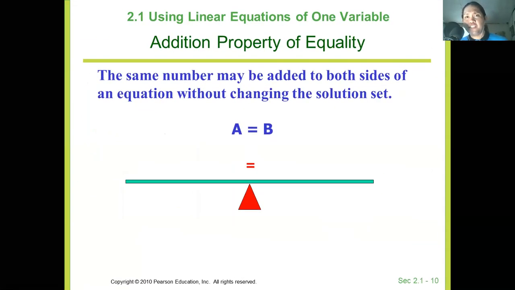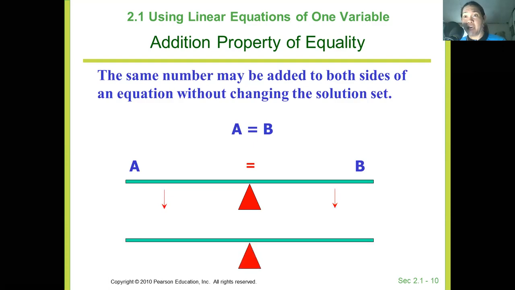In the addition property of equality, the same number may be added to both sides of an equation without changing the solution set. This is the illustration of the addition property of equality. A is equal to B, so A is on the left side and B on the right side. Of course, you are going to add something to your A and your B to make them balance.